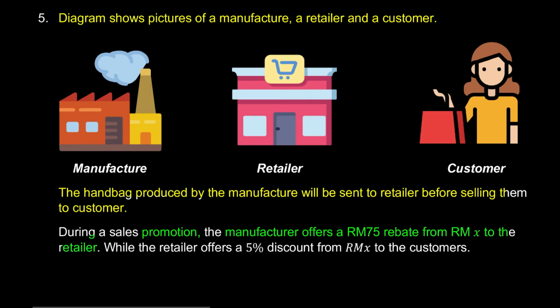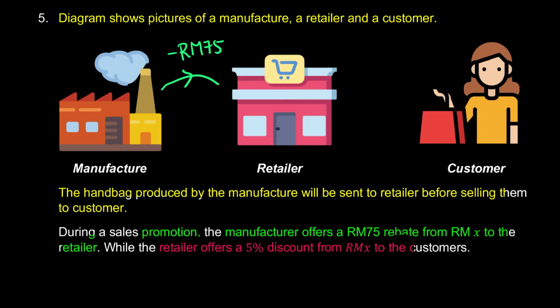So it means that the manufacturer is going to give a 75 ringgit rebate to the retailer as a sales promotion. Meanwhile, the retailer is good enough to give a 5% discount to the customer like us.